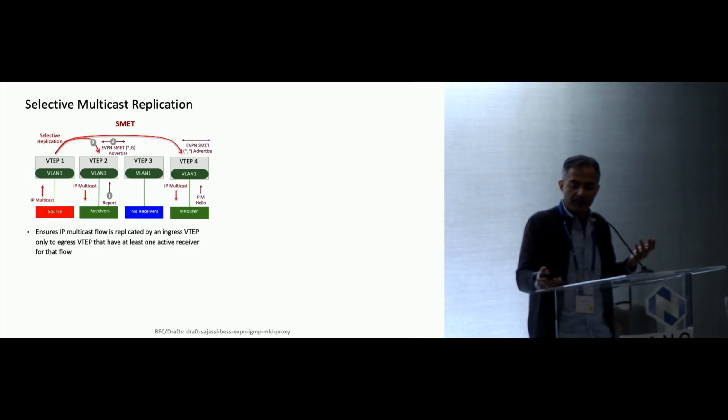So if I have 100 VTEPs and I have an active receiver for a group on only 10 of them, I only send 10 copies at the ingress rather than 100 copies, which is quite a lot.